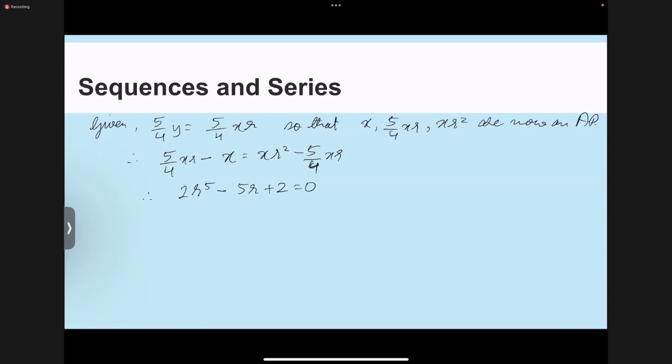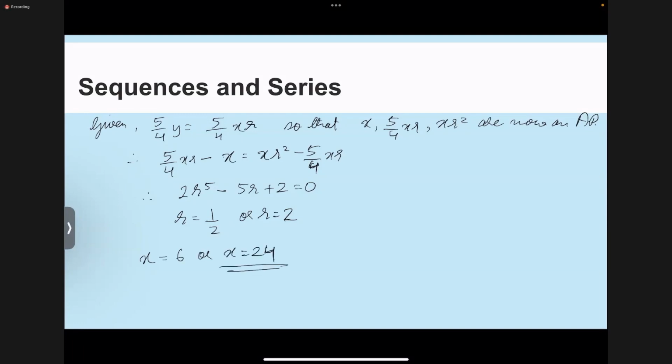So if we solve the equation, then you get r is equal to half or r is equal to 2. Okay. So now if you substitute your values of r in the first equation, where you have x plus xr plus xr squared is equal to 42, you can get your answer as x is equal to 6 or x is equal to 24.